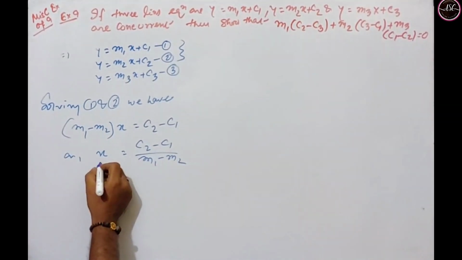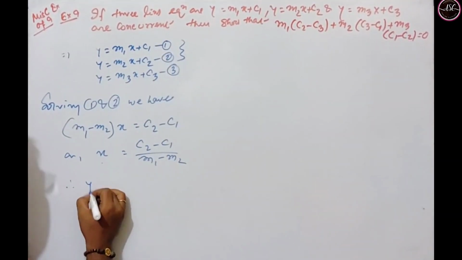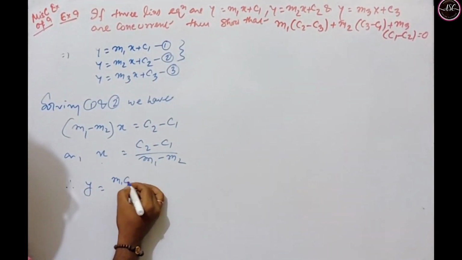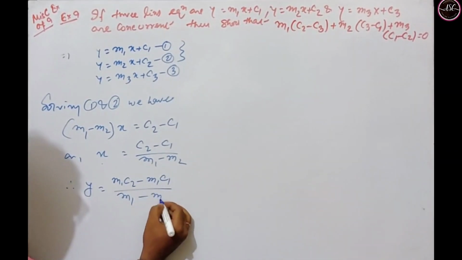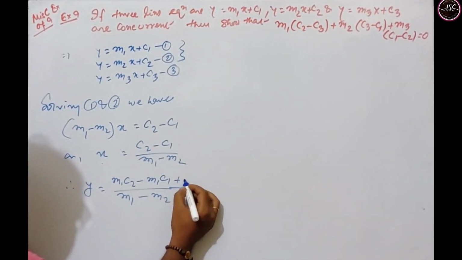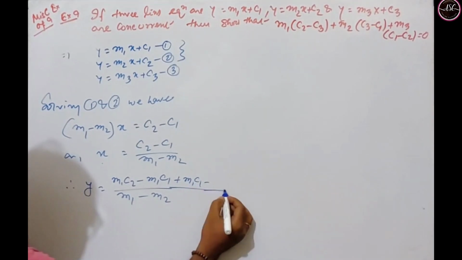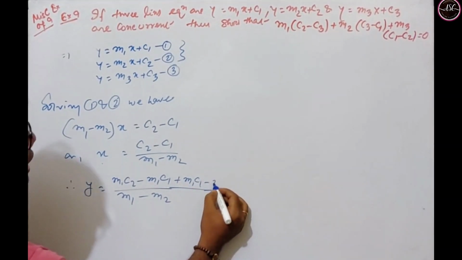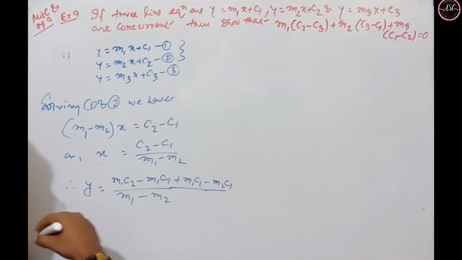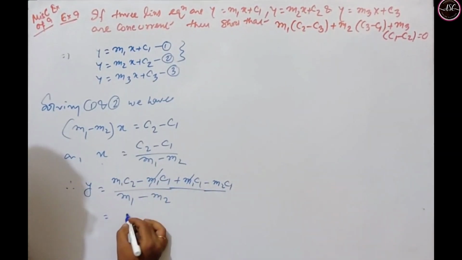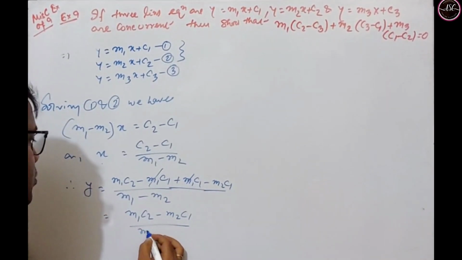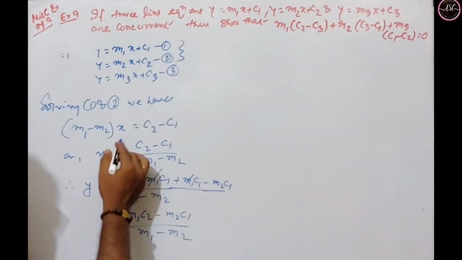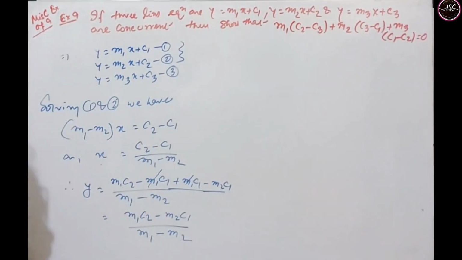Now putting this value of x in 1, therefore y equal to m1 c2 minus m1 c1 divided by m1 minus m2 plus m1 c1 minus m2 c1. Okay, so this term will be cancelled out. So here is m1 c2 minus m2 c1 divided by m1 minus m2. So this is the intersecting point of 1 and 2.